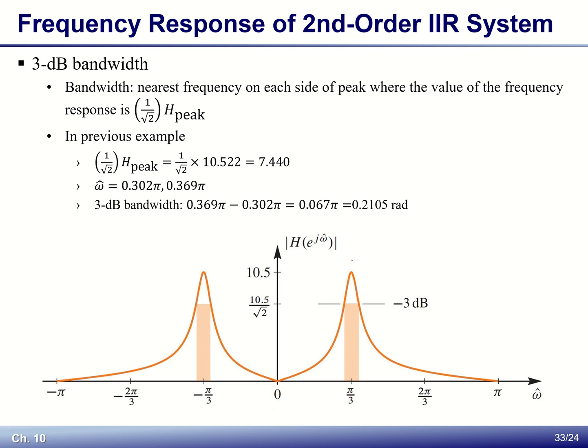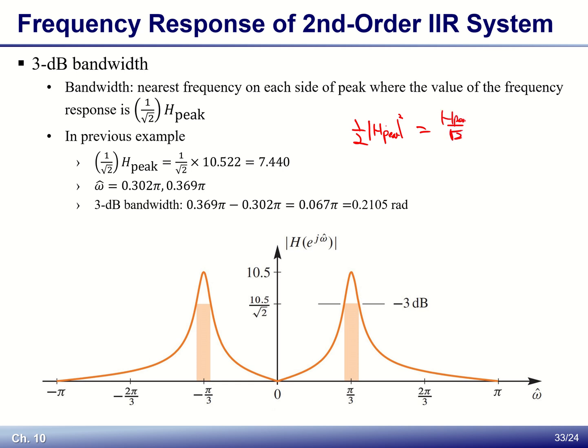This is a band pass filter, but how much is the bandwidth? We should define the cutoff frequency. The definition is that H peak squared is the power, and half power means H peak over square root 2.